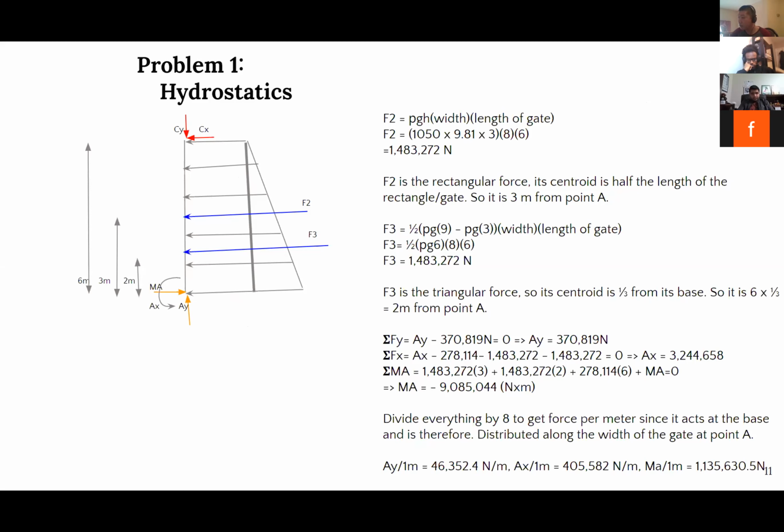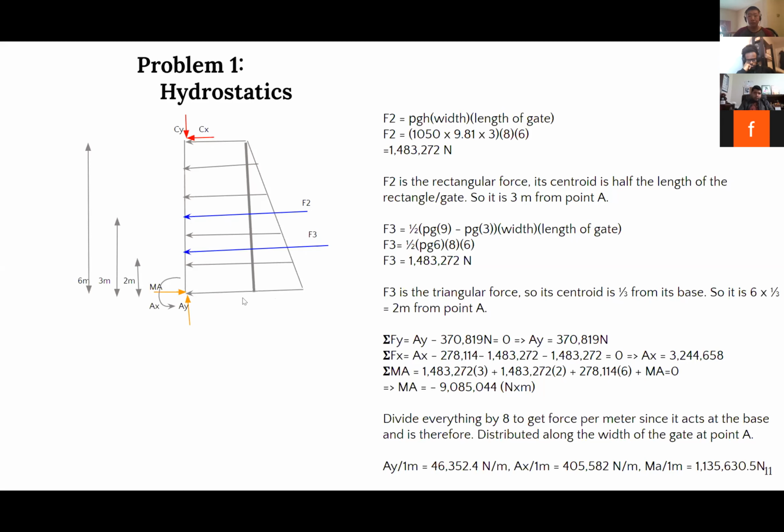1,483,272 newtons. And now we have to calculate the triangular prism's pressure force. So the base at the bottom here is going to be the pressure at the bottom minus the pressure at the top, okay? So that's going to be rho g 9, because the total depth, if you look at the original question of the tank, is 9 meters underwater. And the total depth at the top here is 3 meters.